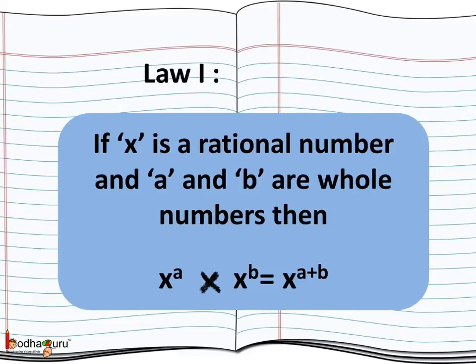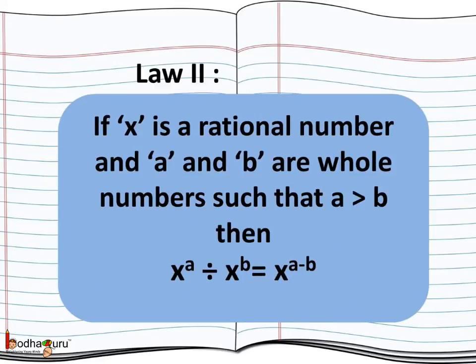You know, all these rules are known as the laws of exponents. So, according to the first law of exponents, if x is a rational number and a and b are whole numbers, then x to the power a multiplied by x to the power b is equal to x to the power a plus b.